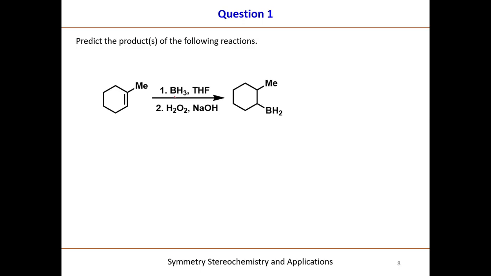I will explain the mechanism. First, you will see just the product formation. So here, this is the Markovnikov rule product. Why it is the Markovnikov product, we will see later. Then H2O2 will attack on the other side of the BH2 group to get the product.